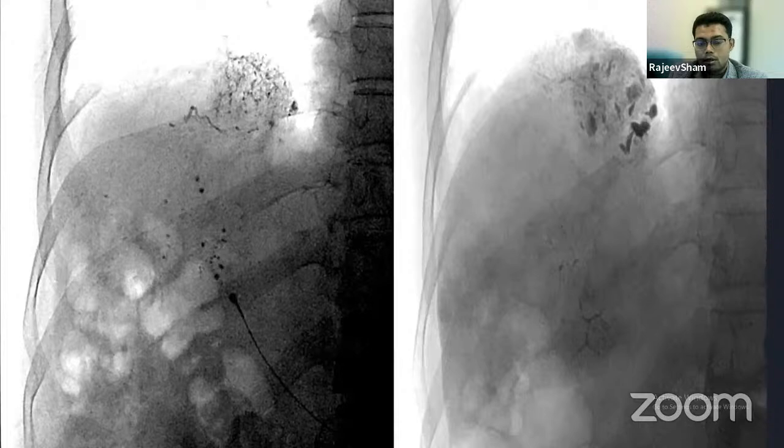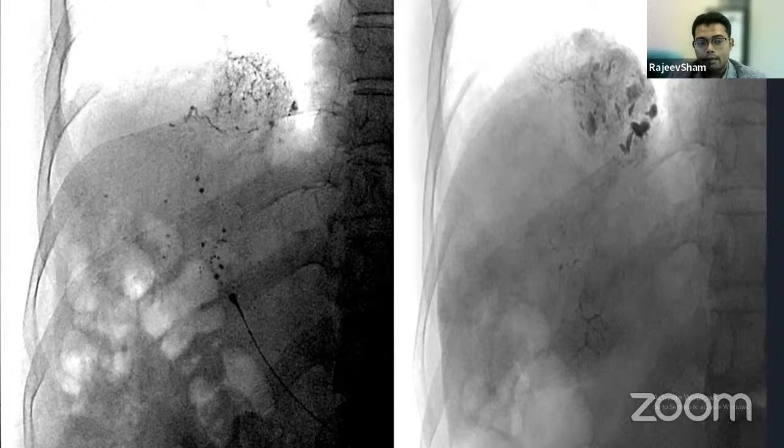This is a case of transarterial chemoembolization of hepatocellular carcinoma. The image on the left side shows how we deliver the chemo drug. We deliver it using a small catheter.